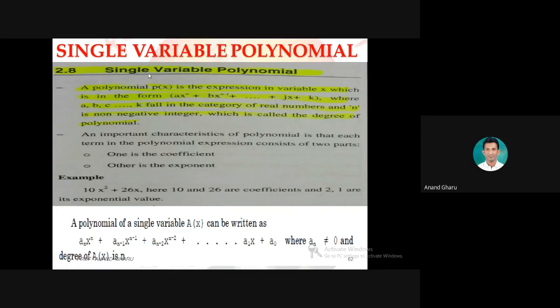And n means x raised to n, the exponential part. N should be a non-negative integer, either 0, 1, 2, 3, 4, and it is called the degree of the polynomial.